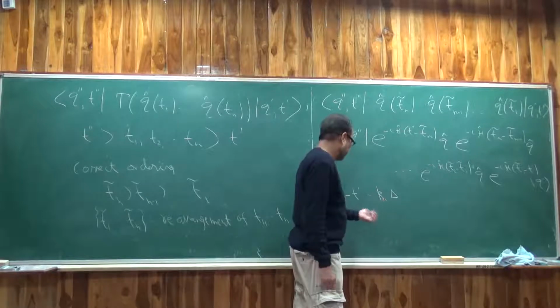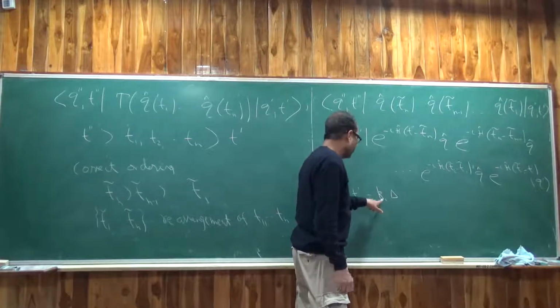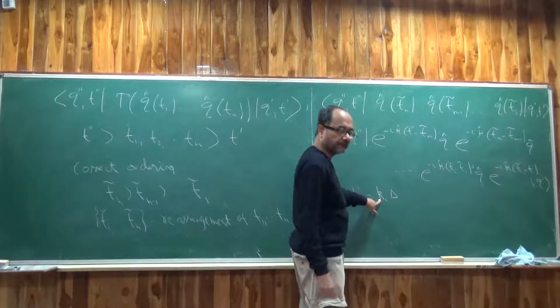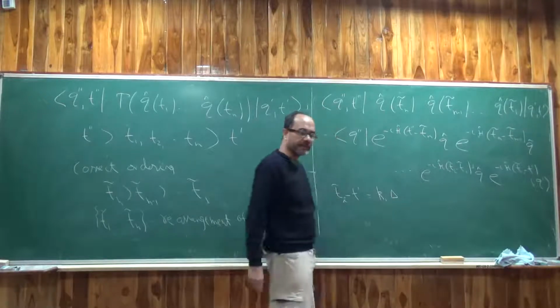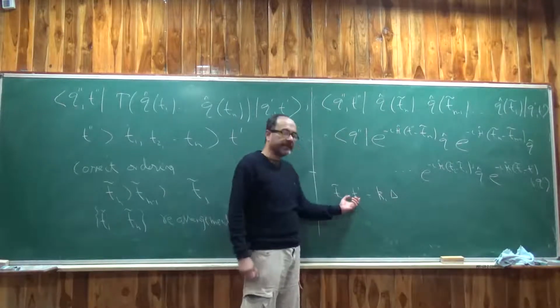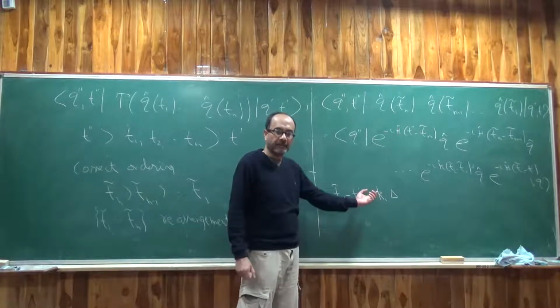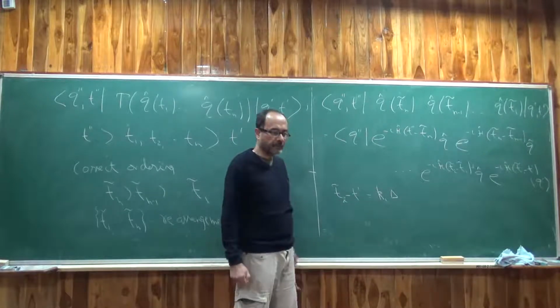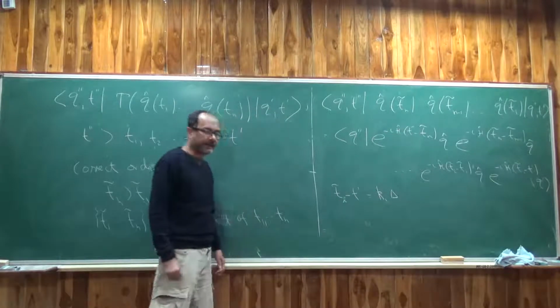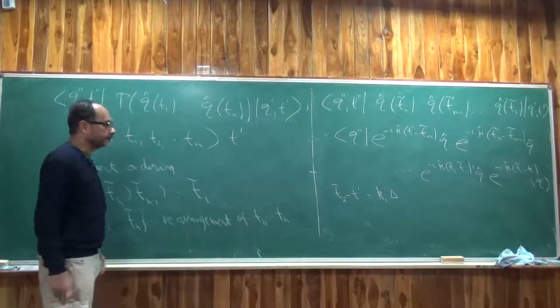I'll assume that the k_i's are all integers. By taking delta to be sufficiently small, you can always make sure that t tilde I minus t prime is an integral multiple of delta. Let's assume that we have done that, so all the k_i's are integers.